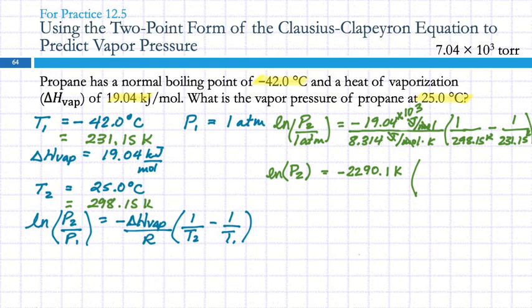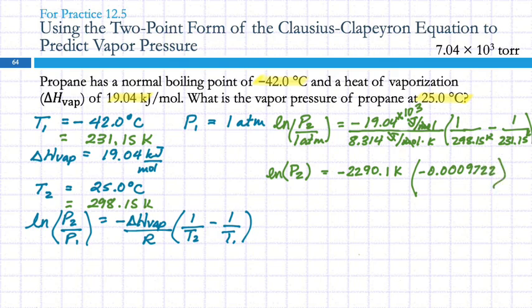Times, and this part here, we're not going to try to find common denominators or anything. We're just going to use your calculator. So 1 divided by 298.15 minus 1 divided by 231.15 is negative 0.0009722.